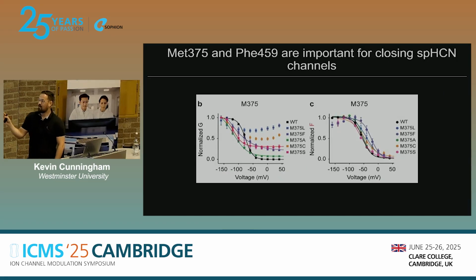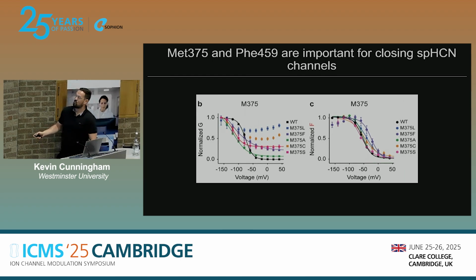We then played around with a load of different mutations, and it looked like it was residue specific to how much degree of closing you can get with that mutation there. So all of those had regular S4 movement. So we come up with the hypothesis that methionine is crucial for that voltage dependence of closing in the sea urchin channel.